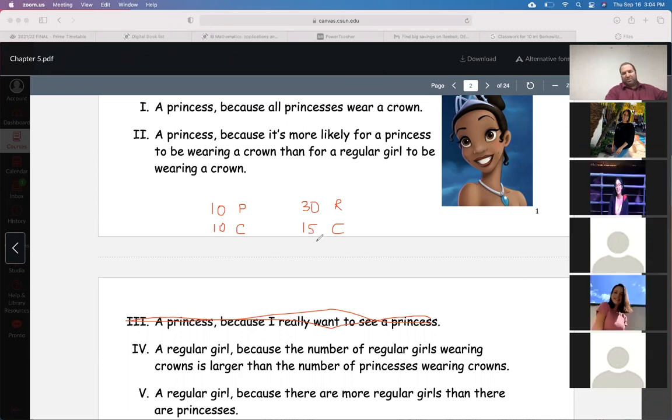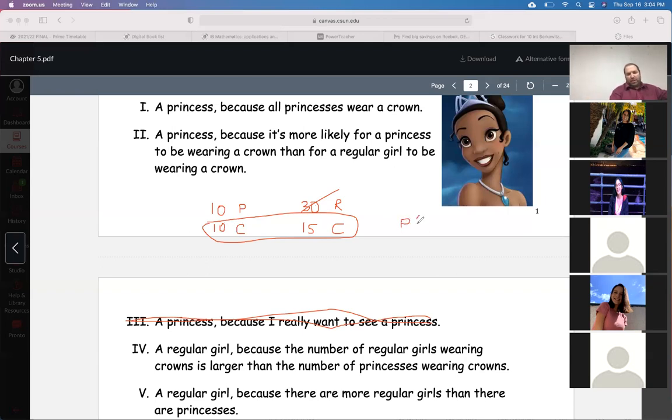Now, if I see a crown, then the only people that are even under consideration are these 25, correct? The other 15 regulars don't count. They don't exist for this problem. Because given the condition that a crown is present, I only have to concern myself with these 25 people.